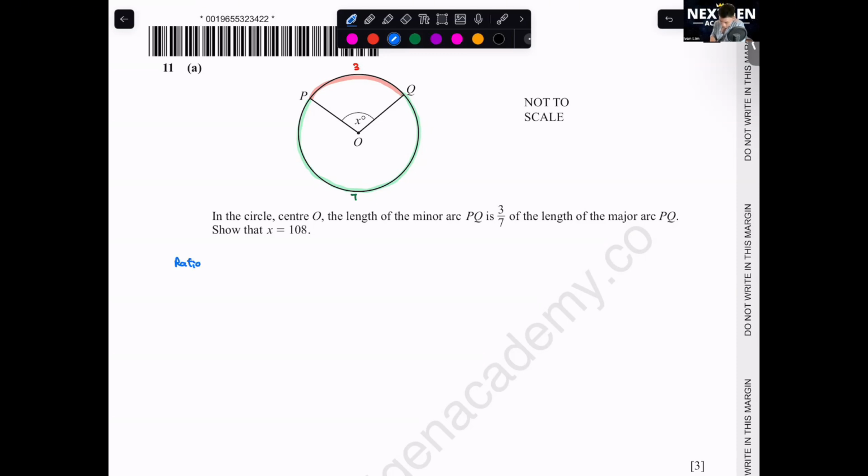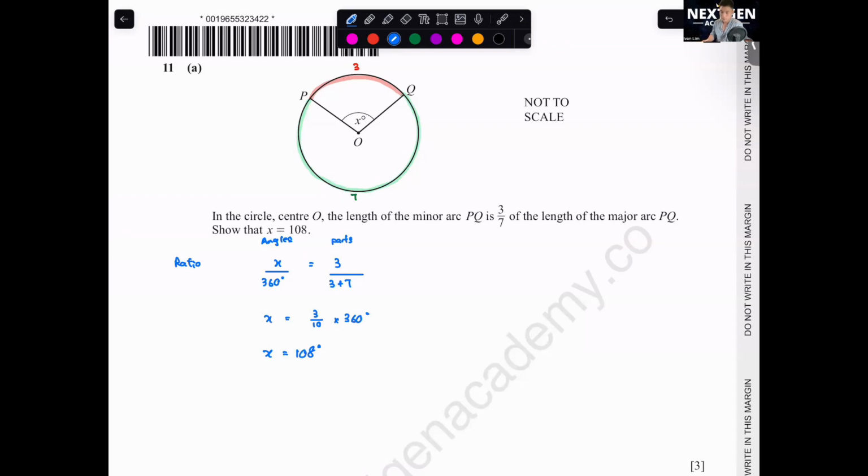The total parts, which is 3 plus 7 parts, represents 360 degrees. This part I write my angles, this one I write my parts. Go and solve for this. So x equals 3 over 10 times 360 degrees. This one 3 marks already. Very nice, 3 marks.